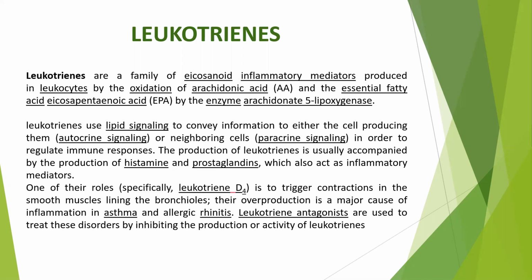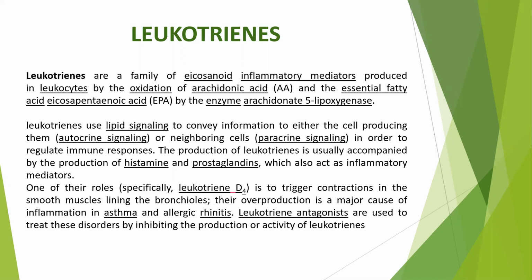The production of leukotrienes is usually accompanied by the production of histamines and prostaglandins, which also act as inflammatory mediators. One of their roles, especially leukotriene D4, is to trigger contraction in the smooth muscles lining the bronchioles.